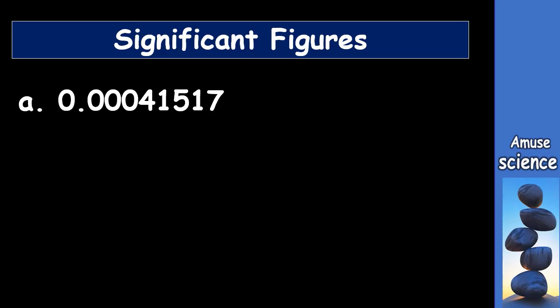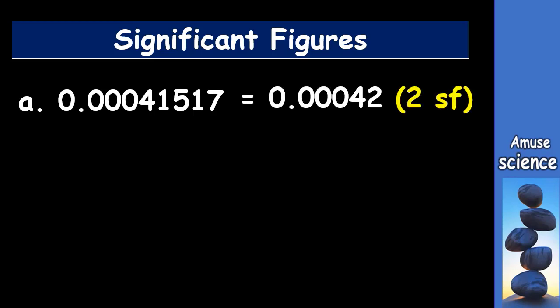If it is 5 or more, we have to add 1 to the 1 to make it 2. And since it is 5, we are going to add 1 to the 1 to make it 2. So our answer is going to be 0.00042. And this is in two significant figures. And you see that we have not altered the figure so much.